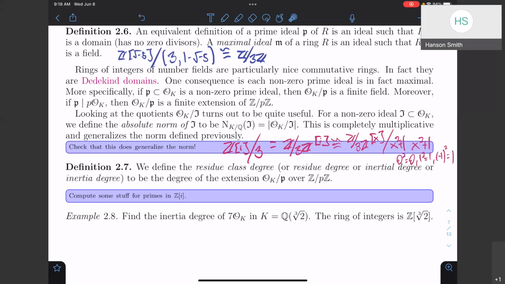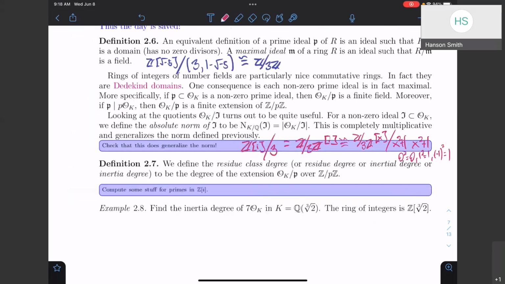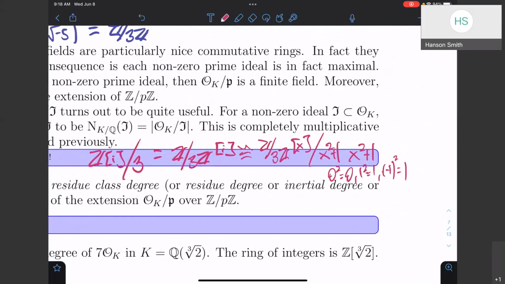So that gives me an honest to goodness extension of Z mod 3Z, and it's a degree 2 extension. I am so sorry for being so low on space. So what I'm going to get here is a field extension of Z mod 3Z of degree 2.